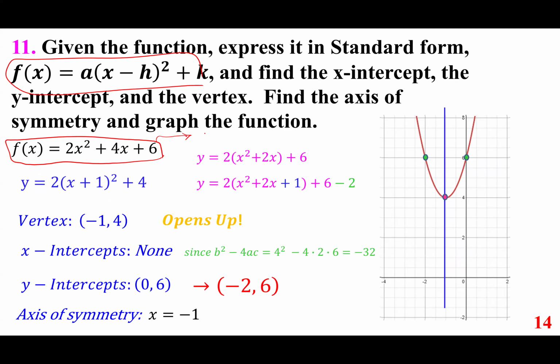But if you just want to find the vertex, remember x is minus b over 2a, which makes it minus b, which is 4, over 2 times 2, which makes it negative 1. Now you plug in negative 1 and you find the y coordinate. When you have the vertex, then you can figure out the fact that a is 2 anyway. But completing the square is the method they're asking for this.